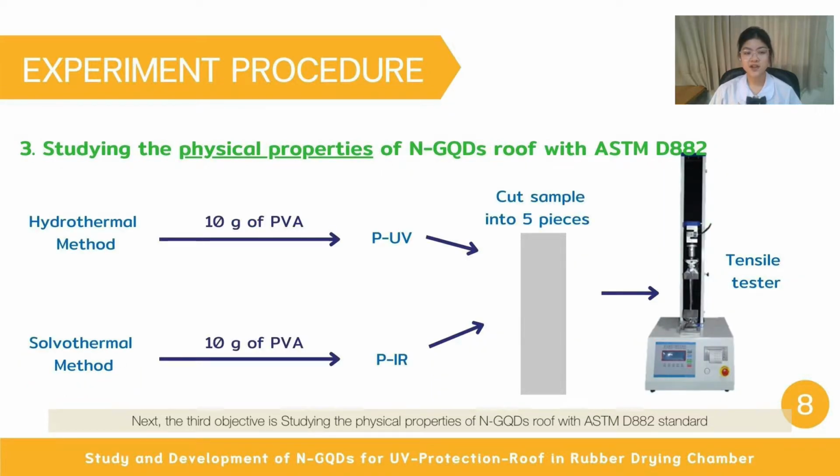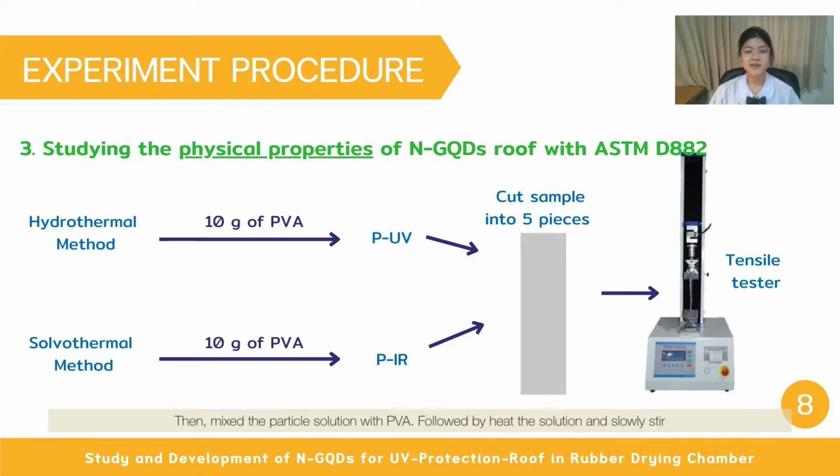Next, the third objective is studying the physical properties of the nitrogen-doped graphene quantum dot roof with ASTM D882 standard. We choose conditions from the first and second experiments, which can absorb light at the widest spectrum and have the highest fluorescent intensity, and can emit the highest wavelength and have the most fluorescent intensity, respectively.